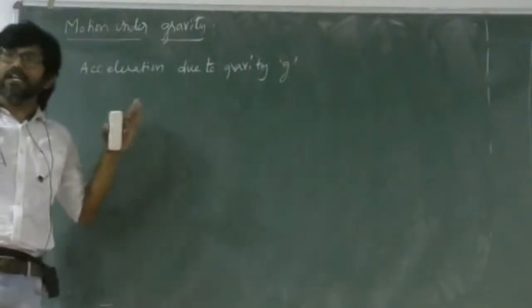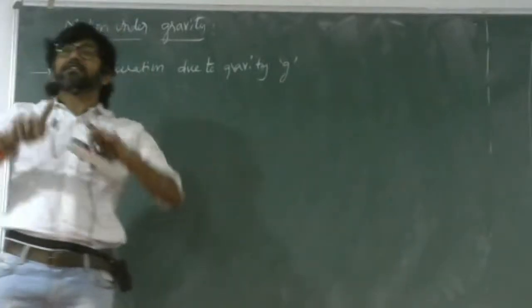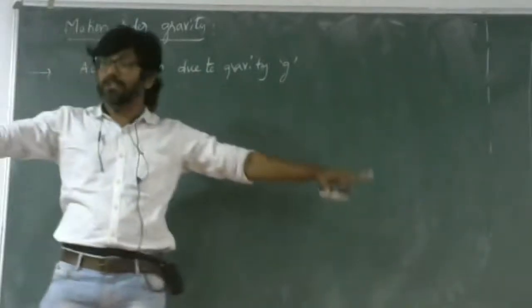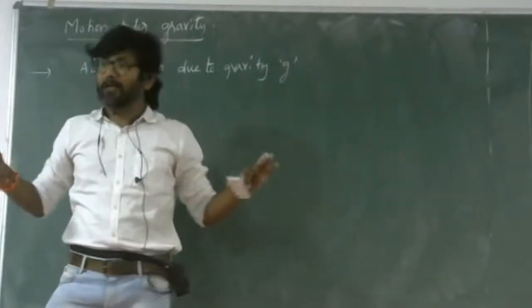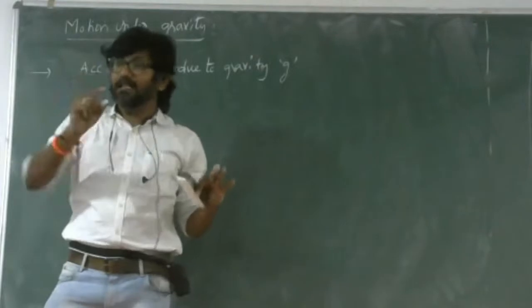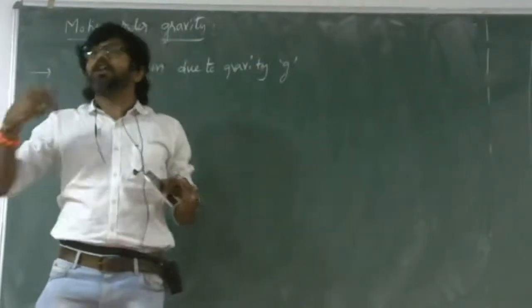On the surface of Earth, it is constant at a given place, but it is different in different regions. At the equatorial region, it is relatively lesser. At the polar region, it is relatively larger in value.